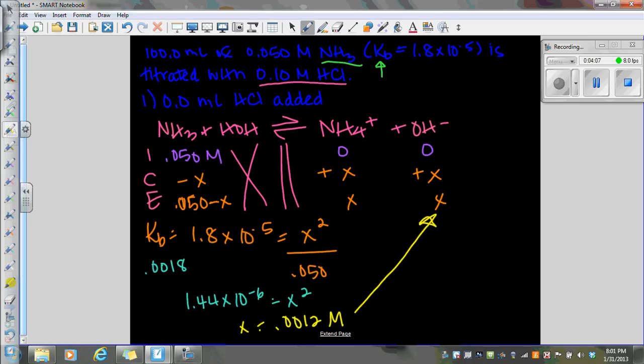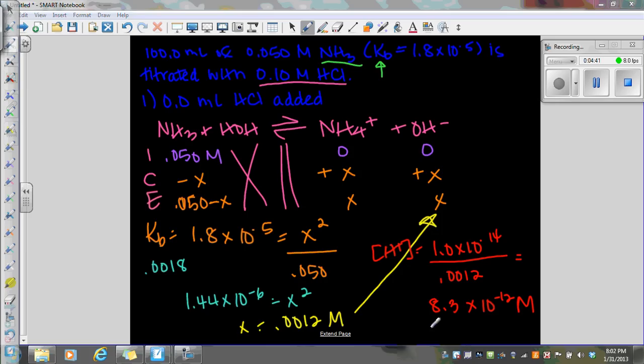So in order to get pH, we will need to find hydrogen ion concentration. To get that, we will do 1.0 times 10 to the negative 14th divided by 0.0012. And we get 8.3, how many sig figs? 2, so 2 sig figs, times 10 to the negative 12th molar.